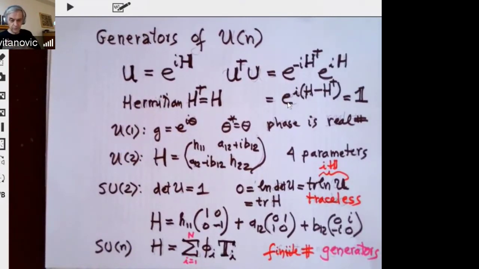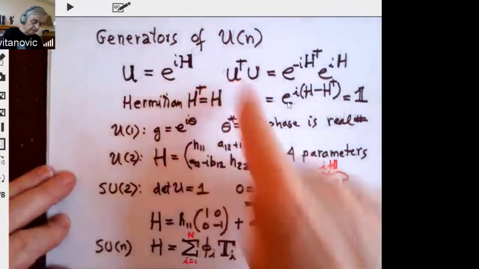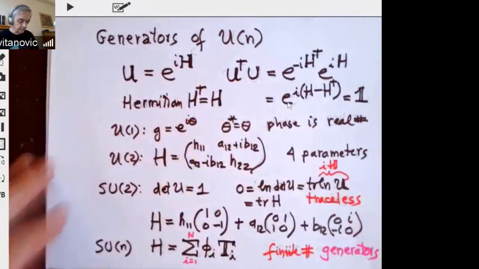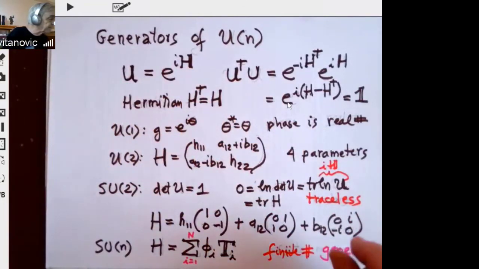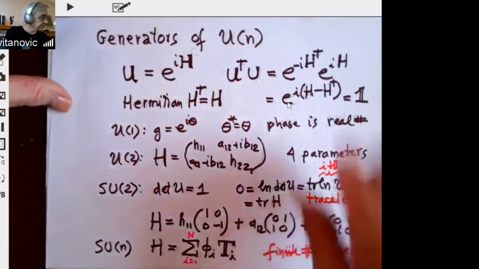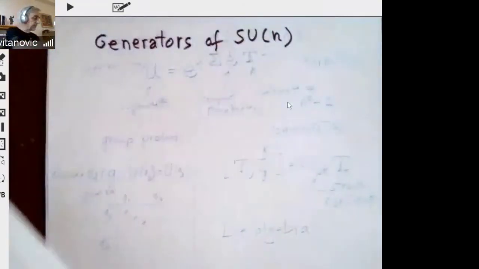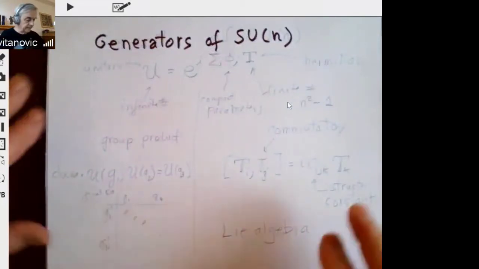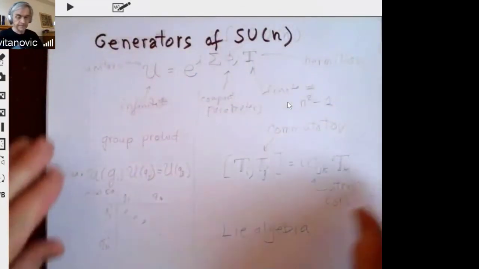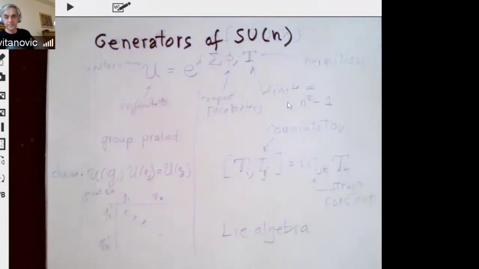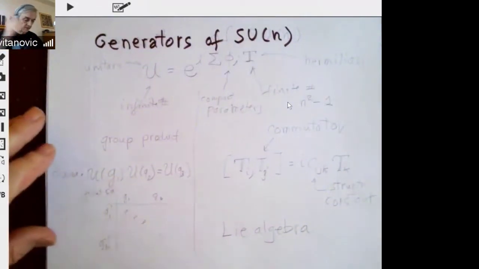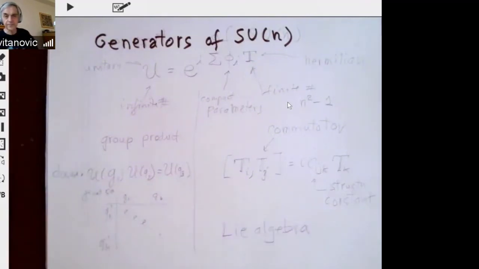Because remember, the group is obtained by applying the operation, but now you have to figure out what it means in terms of generators when you apply the group several times. So that's the one big difference between the finite groups, permutation groups, cyclic, dihedral groups, whatever you need to do in practice, and continuous groups.